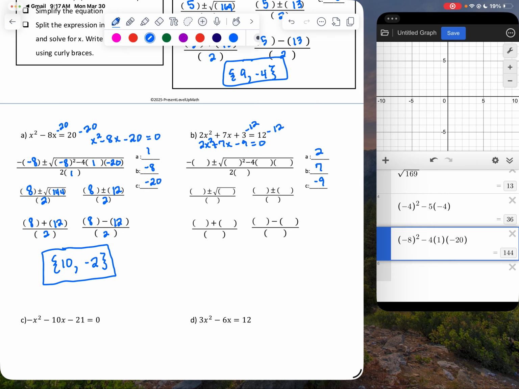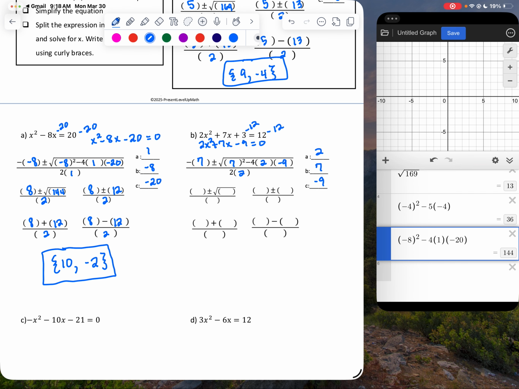All right, so the formula starts off with the opposite of b. B in this case is 7, plus or minus the square root of b squared. Again, b is 7. Minus 4 times a, which is 2, times c, which is negative 9, all over 2 times a, which is 2. Now let's simplify this a little bit.